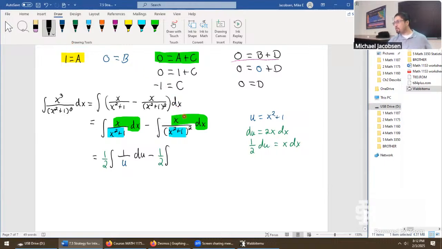Integrate 1 over u squared du. And those are very obtainable integrals. So we'll be able to solve both, undo the substitution on both, and this one is indefinite. We'll end the problem right at that step. Any questions to this stage so far?